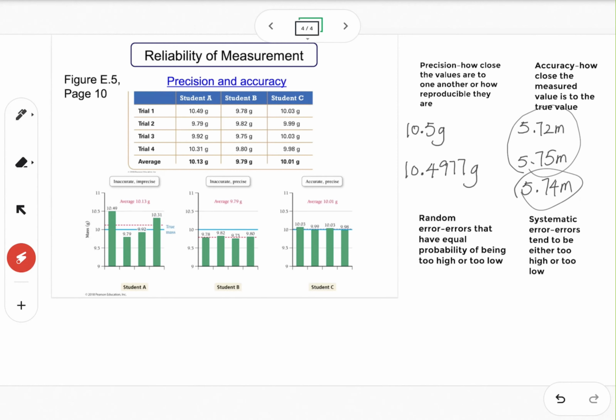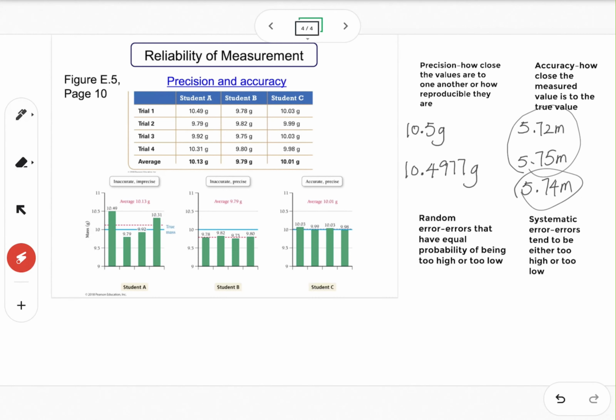Now, for student B, it's different. The problem for student B is the systematic error. Systematic error is the errors that tend to be either too high or too low. As you notice, all 4 data points are lower than the true value. So this is caused by the systematic error.